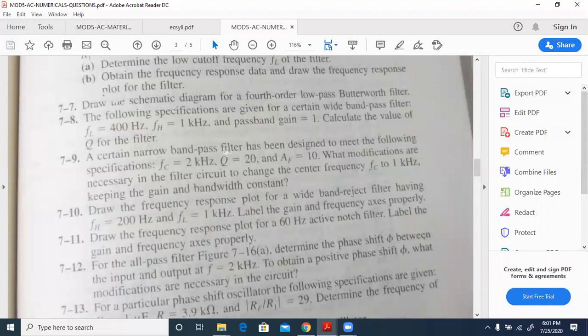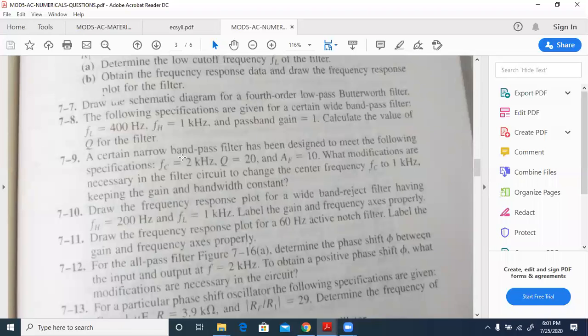Differentiate between this wide and narrow. Wide band pass filter means the bandwidth will be very wide, 400 to 1 kilohertz. Whereas here he's telling you narrow band pass means a very small region. Generally very narrow will be known as a notch filter. Very narrow means it will pass only a single frequency, and that will be known as a notch filter.